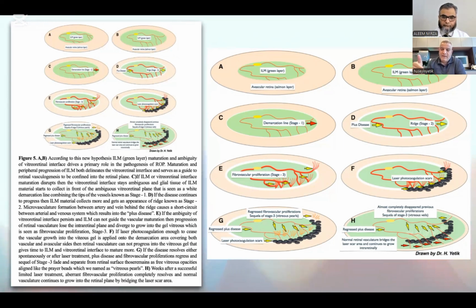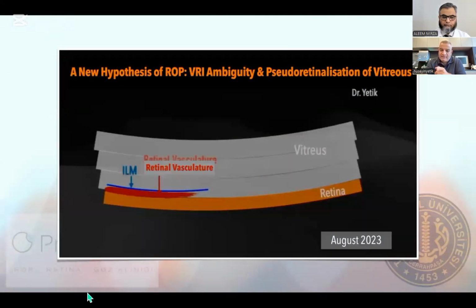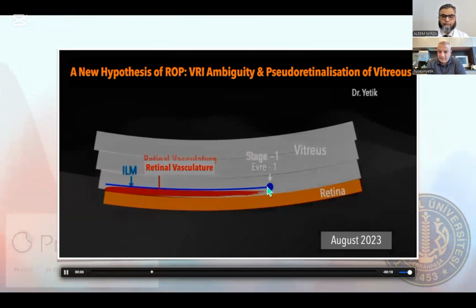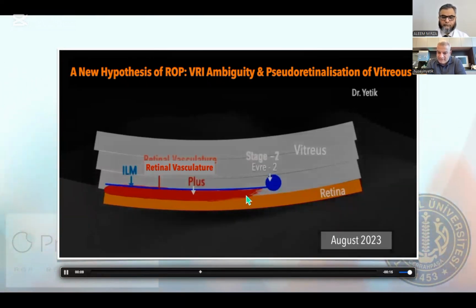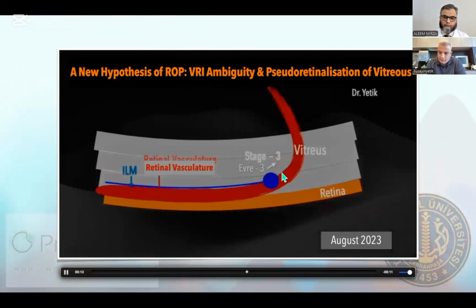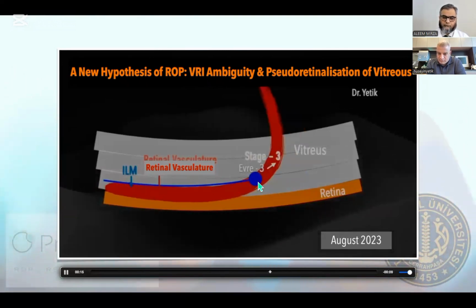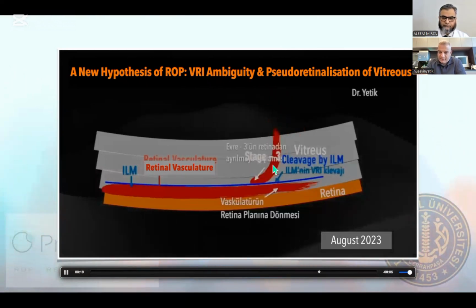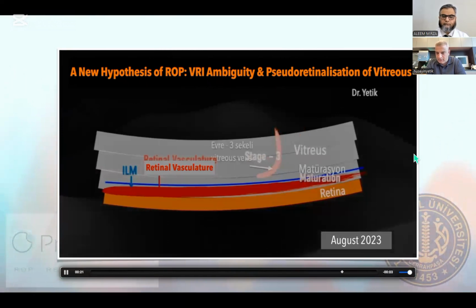Vitreoretinal interface ambiguity, and ROP is not an ischemic retinal problem. The vitreoretinal interface waits at stage 1, 2, and after a while the vessels turn and grow into the vitreous. When the ILM matures and cuts off, this stage 3 goes back and the vessels continue down to the periphery.